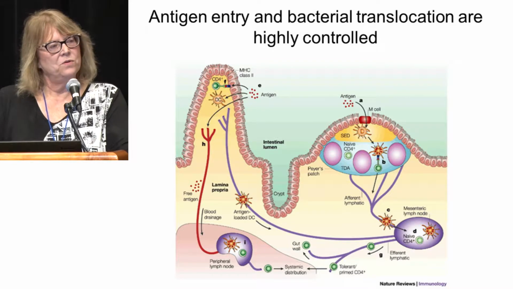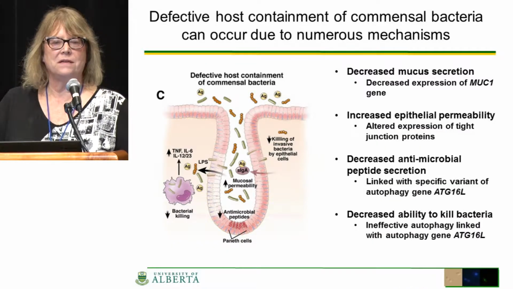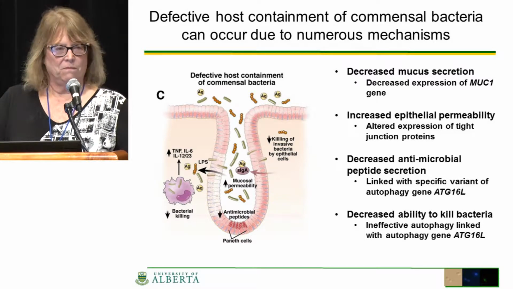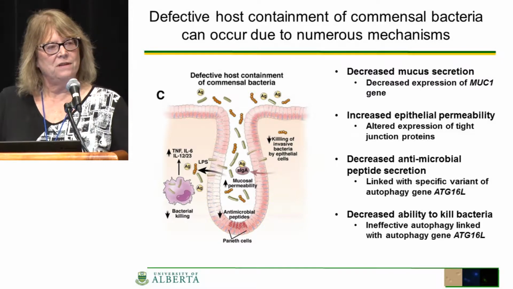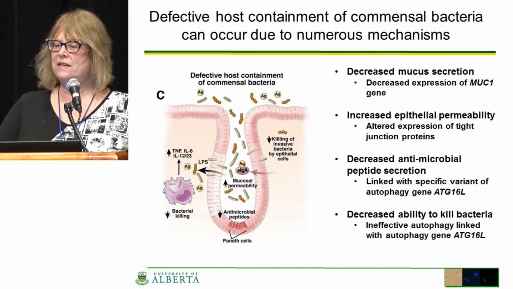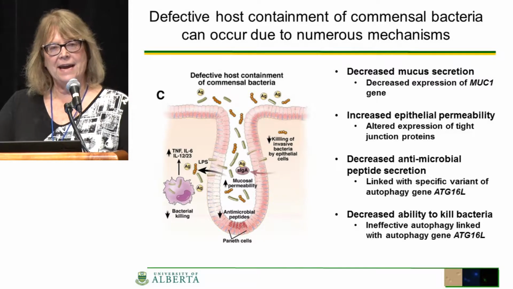And defective host containment of commensal bacteria can occur due to a lot of different mechanisms. So if you lose mucus, which you just heard about, if you alter expression of tight junction proteins, bacteria can come across. If you have decreased antimicrobial peptide secretion, you will not be able to contain bacteria, and they'll be coming in.